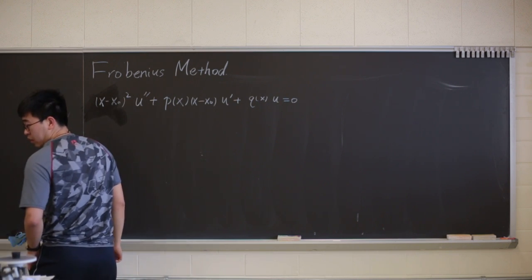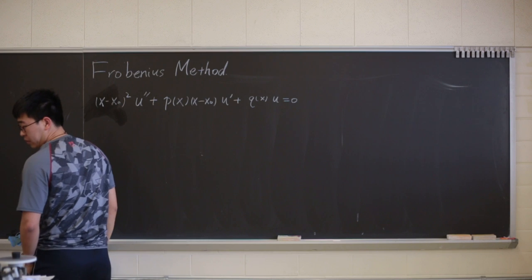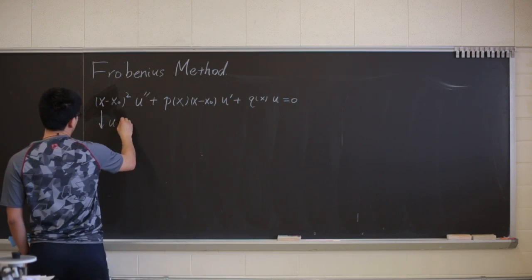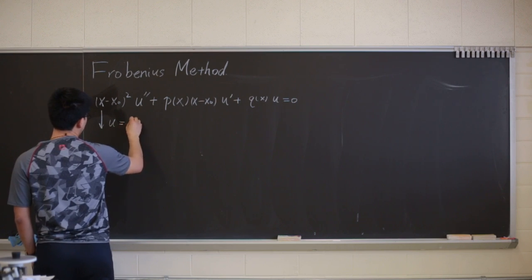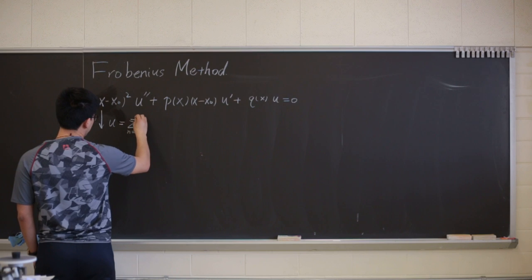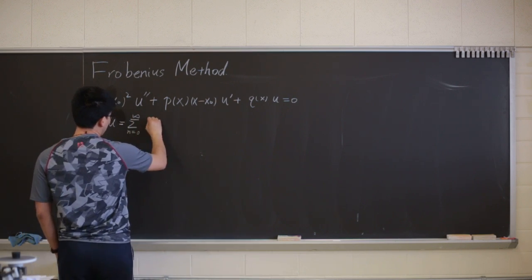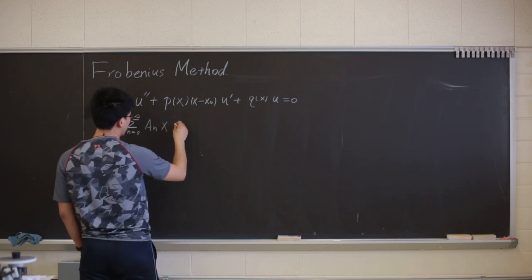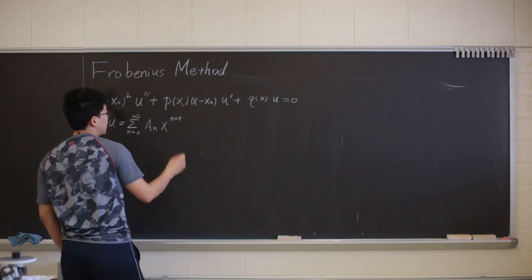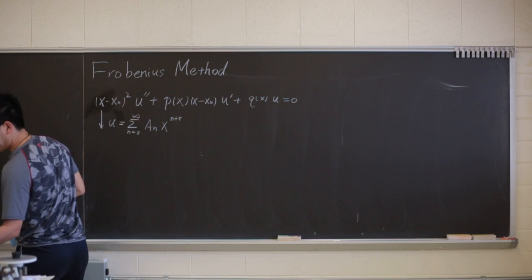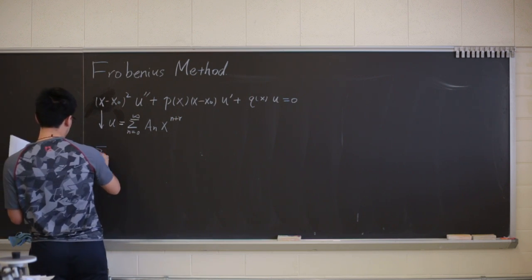So the way to solve this type of problem is just assume we have a series, n equals from 0 to infinity, and we have our Fourier series will multiply another n to the r. So we substitute it, we wind up having something like that.